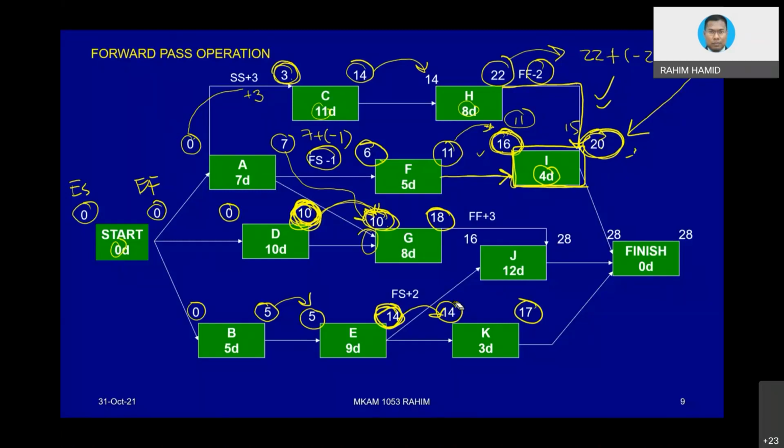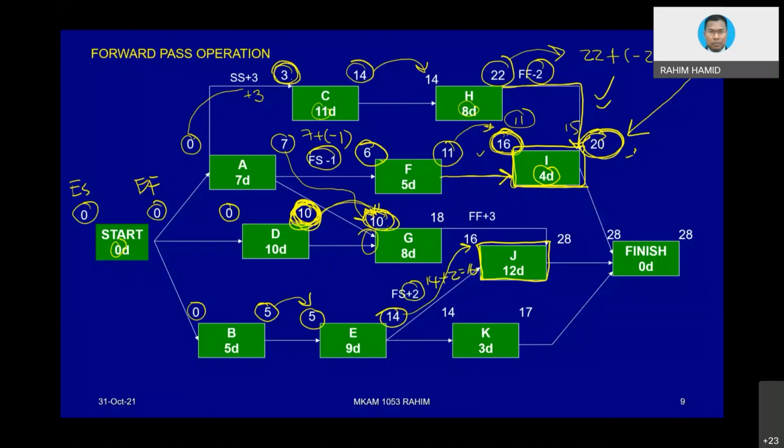Similar situation for J. You notice that J has almost a similar kind of relationship from E and from G. Now let's evaluate one by one. Straightforward is from E. E is 14. 14 should be going into this box, but because of plus 2, you need to do 14 plus 2, equivalent to 16.